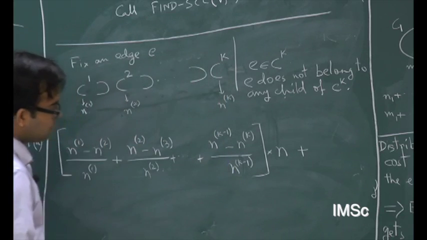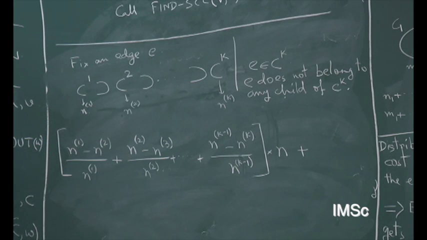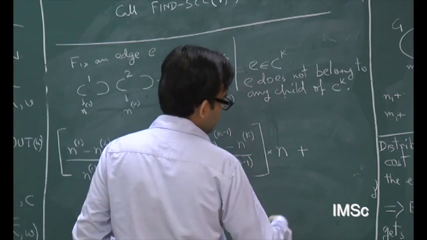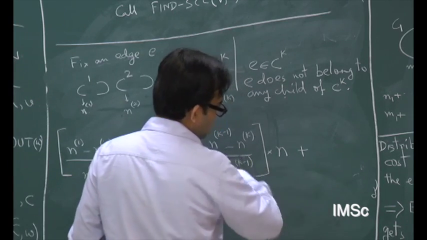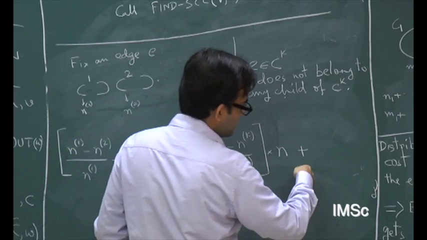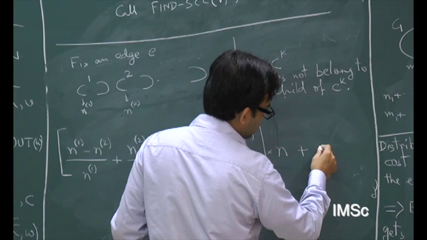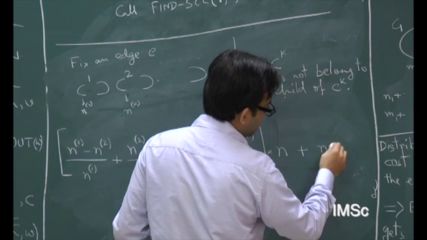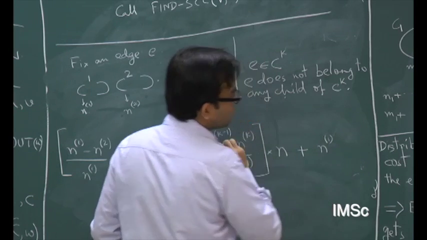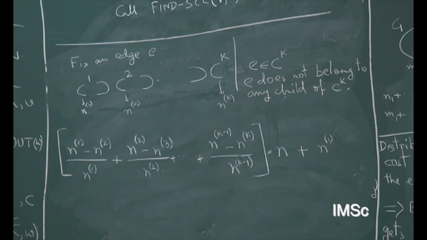plus the first term. The first term is going to be n1, because this is for the topmost strongly connected component, the eventual tree that you got.